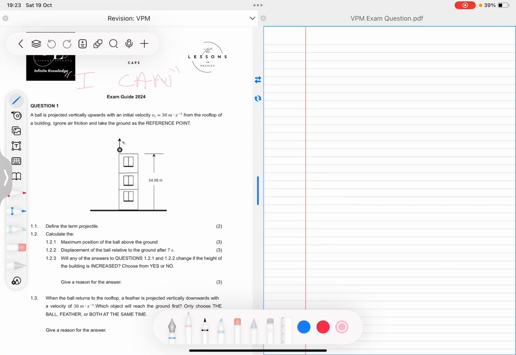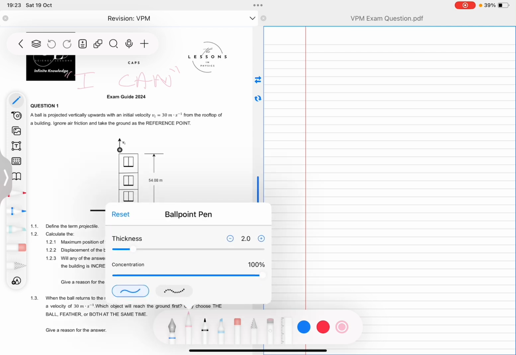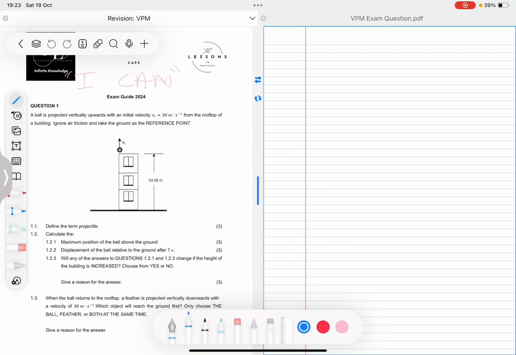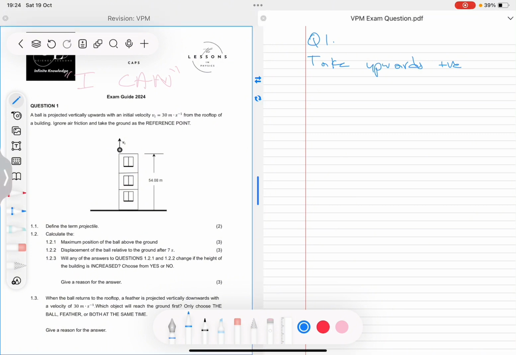The first thing that I'll do with this question is to choose direction. I'll come here and say we're doing question 1. Then I'll say take upwards as positive. Now I come to this problem and we interpret this problem.